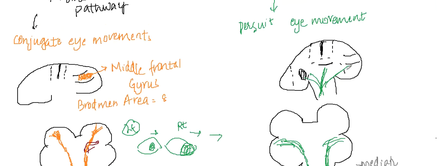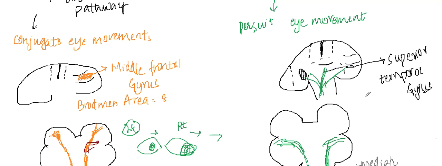Here the fibers are from the superior temporal sulcus and the posterior parietal lobe.